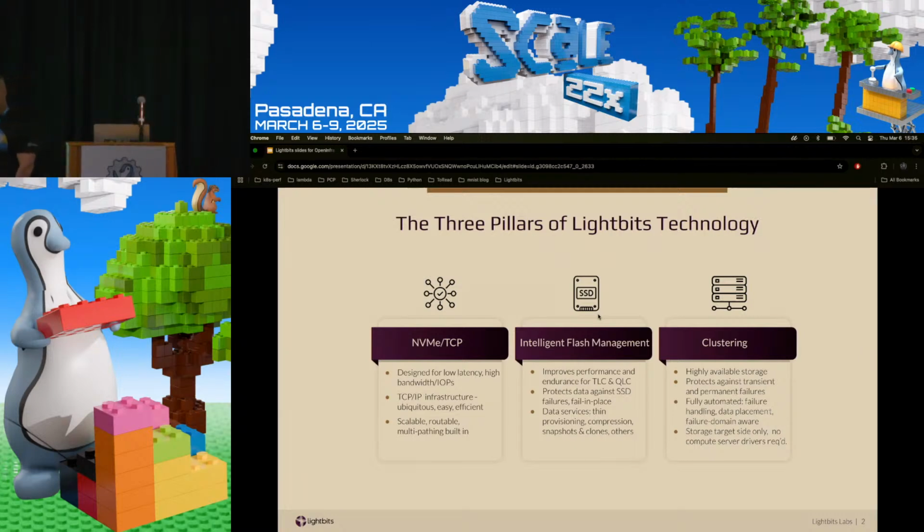And the third pillar is clustering. This software runs on any x86 server. All you need is servers with NVMe SSDs in them and network cards. We will cluster everything together and represent all the capacity of all the SSDs as if it's one large logical chunk of storage.